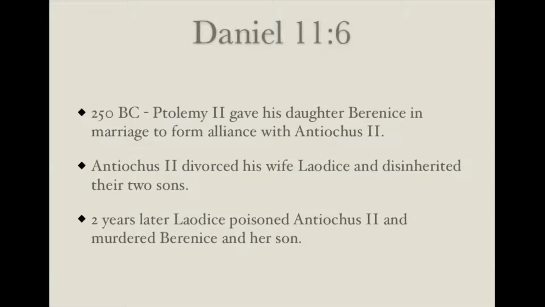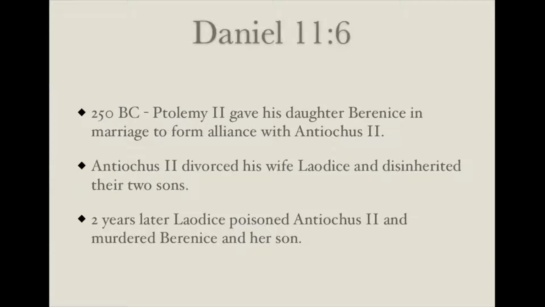This is in reference to 250 BC. Ptolemy II gave his daughter Berenice in marriage to form an allegiance with Antiochus II. In order to do that, Antiochus had to divorce his wife, Laodice, and disinherit their two sons. Obviously, that didn't go very well with Laodice, who two years later poisoned Antiochus II and murdered Berenice and her son.